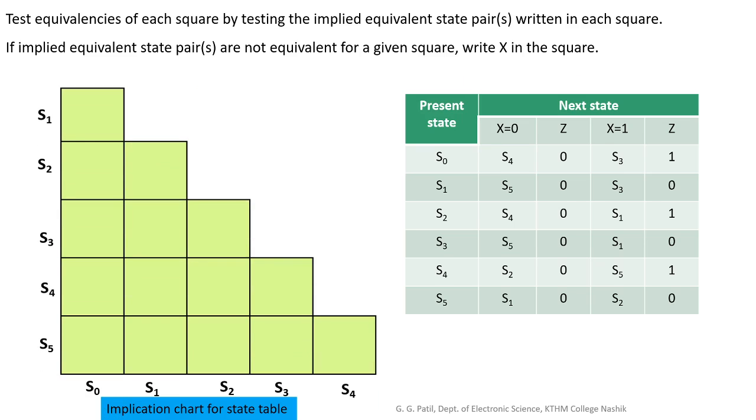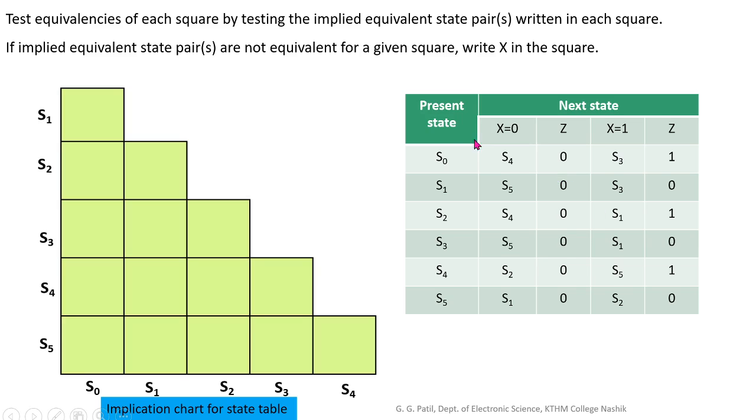So this is the unfilled implication chart and we have to fill that implication chart using the values from this state table. In the very first step, we have to check the output of the states and if the outputs are different, we place a cross mark or X mark in those state squares.